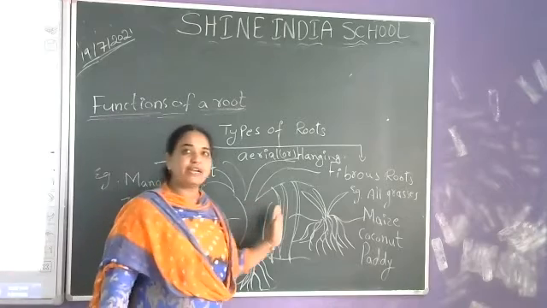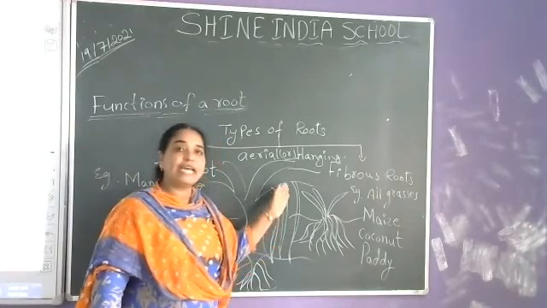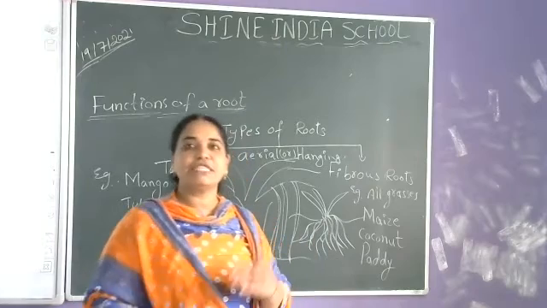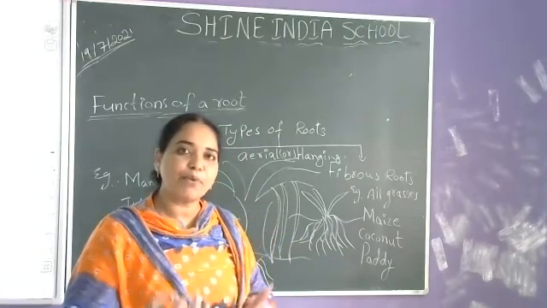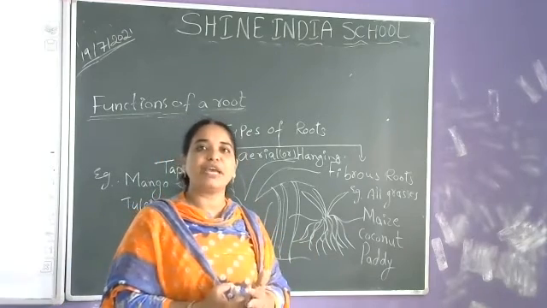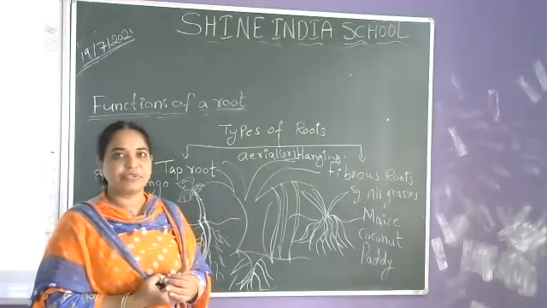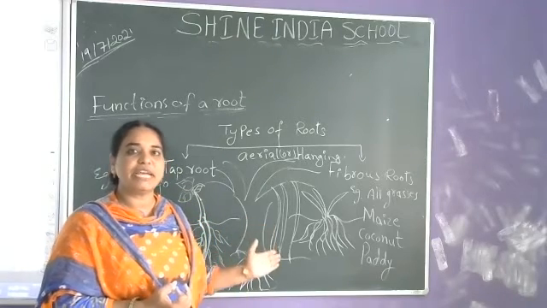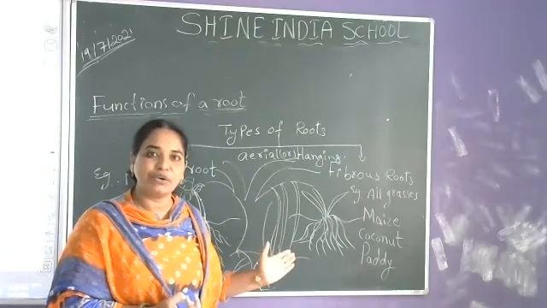The aerial roots of a banyan tree provide support for the branches of the banyan tree. Are you clear about this, beta? Why does the banyan tree have aerial or hanging roots?